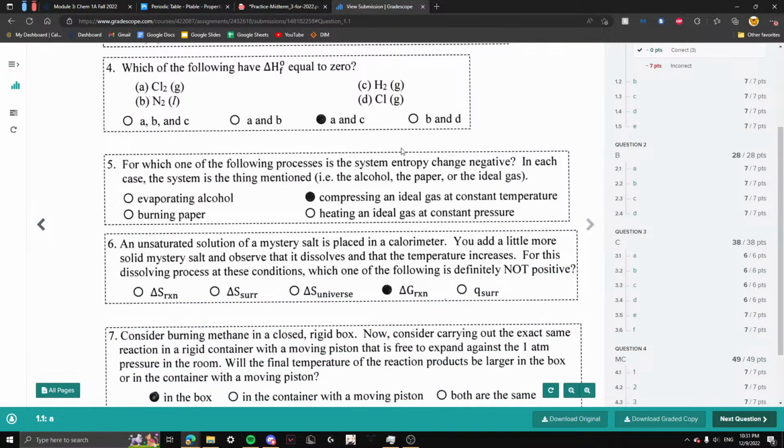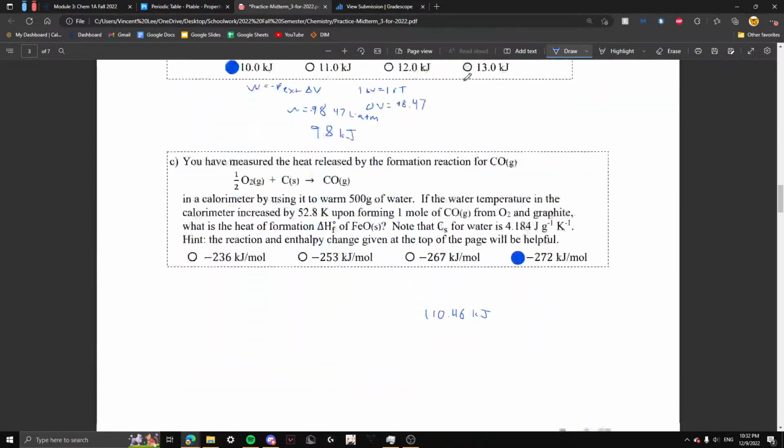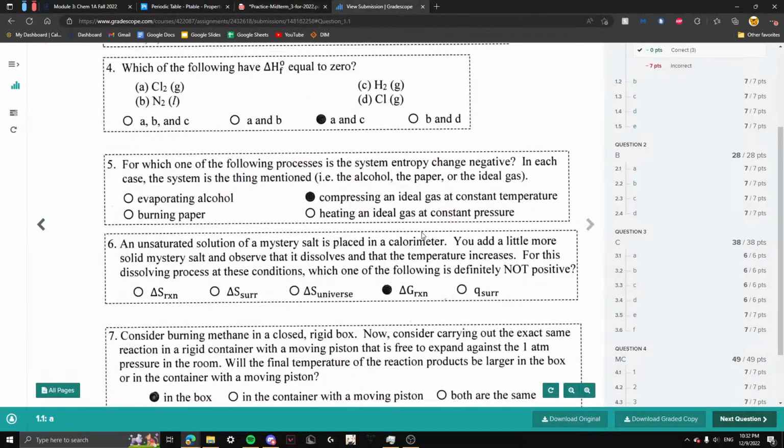And then for this, it's saying, which of the following is a system of entropy change negative? If we think, we're evaporating alcohol, so it's going from liquid to gas, which is probably a positive entropy change. Or burning paper, it's breaking apart, right? So this is also that. If we are heating, this is pretty much the question about constant pressure versus constant volume.